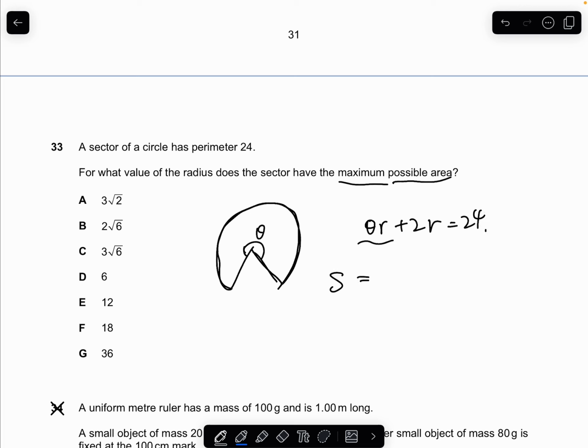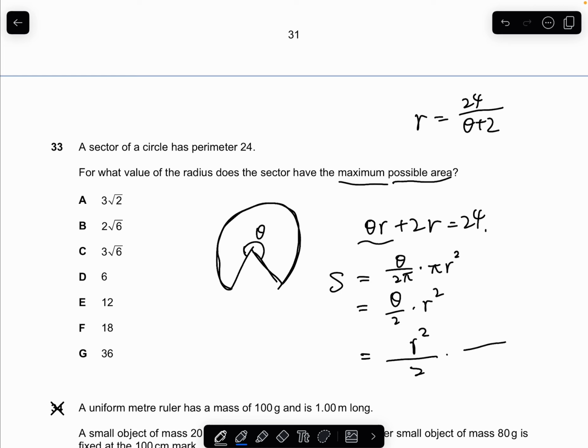We have theta over 2 pi times pi r squared, something like this.